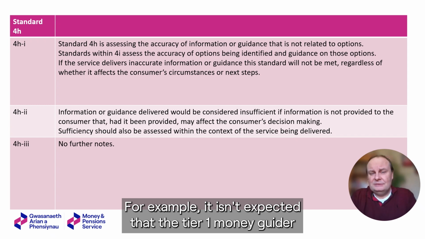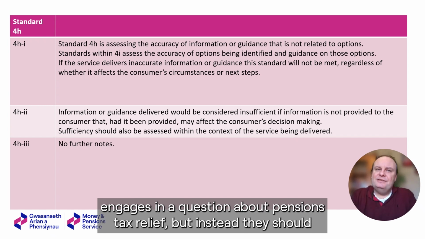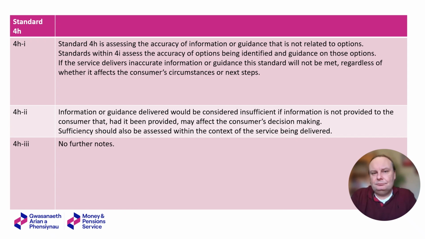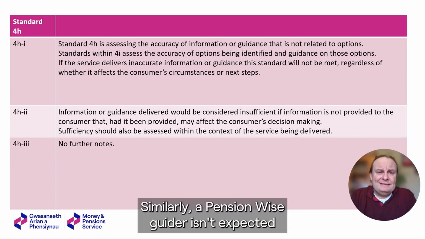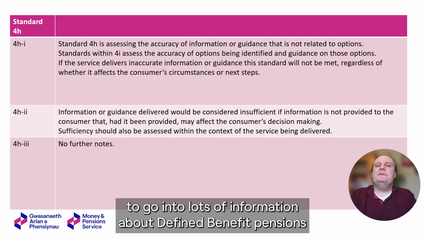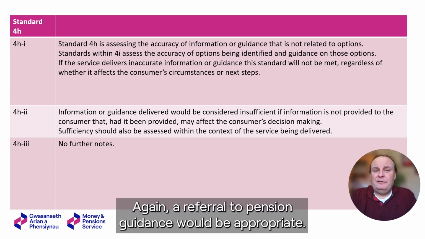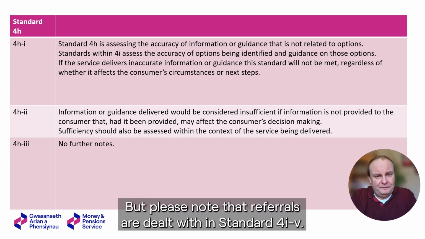For example, it isn't expected that a Tier 1 money guider engages in a question about pensions tax relief, but instead they should refer or warm transfer the consumer to pensions guidance. Similarly, a pension-wise guider isn't expected to go into lots of information about defined benefit pensions because the topic is out of scope for the service. Again, a referral to pension guidance would be appropriate. But please note that referrals are dealt with in standard 4I5.